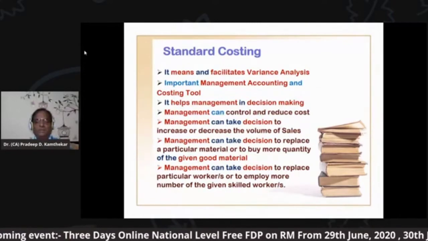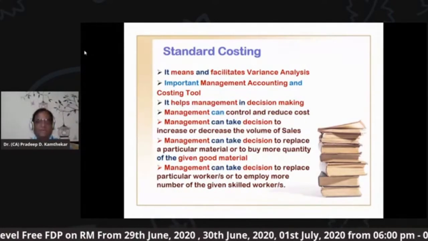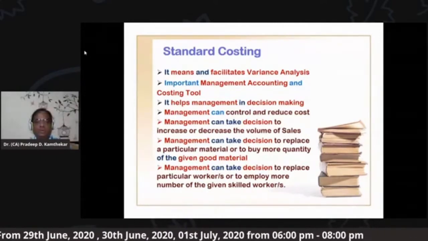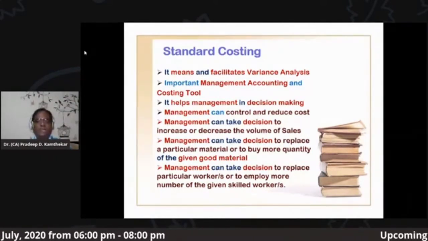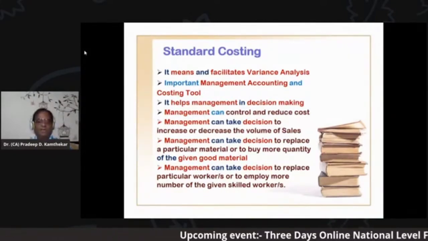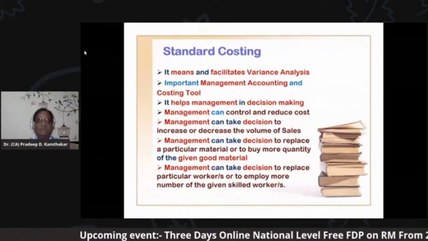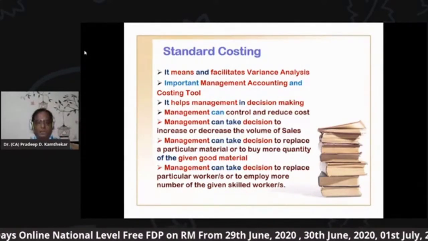Now, when particular goods are manufactured, there are so many things which go into that. Suppose a particular material is used and that material is not of good quality, and because of that wastage is taking place, and thereby the business is incurring more cost.